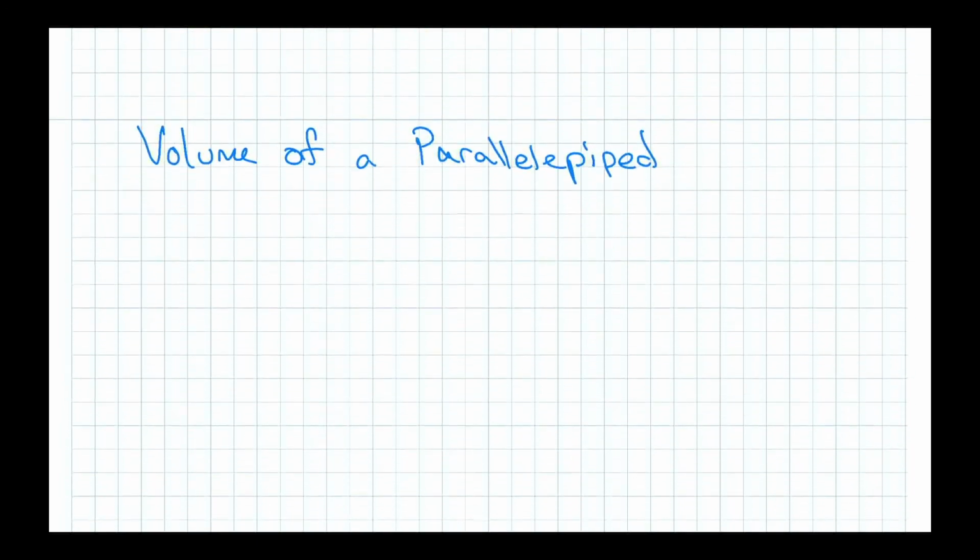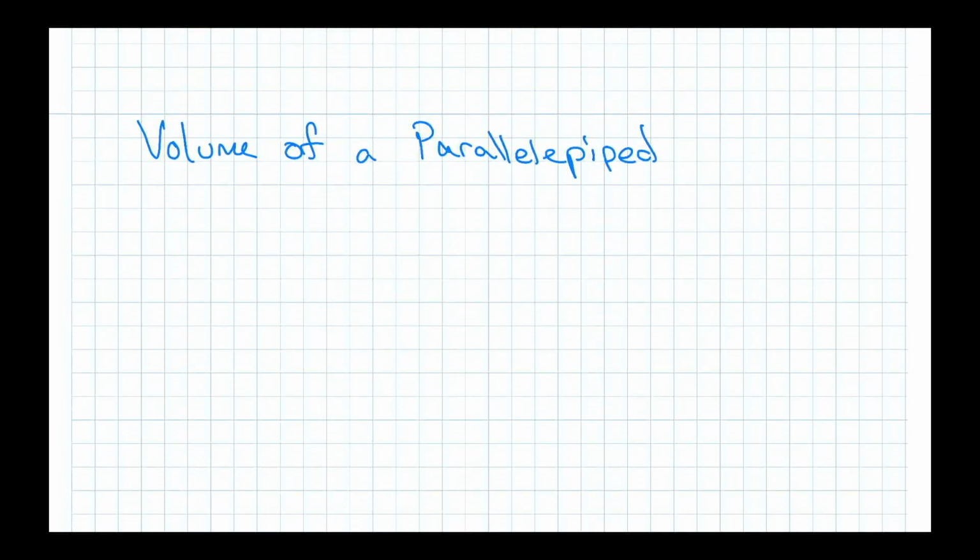What is a parallelepiped? A parallelepiped is sort of like a cube, but instead of the sides being rectangles, they're parallelograms. So it's just like a squished cube. I want to draw it pretty straight up and down just because of drawing.